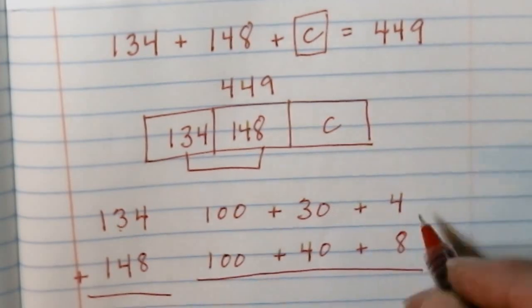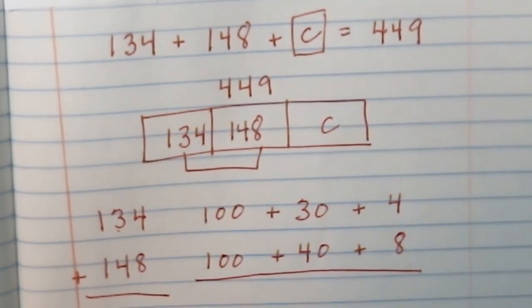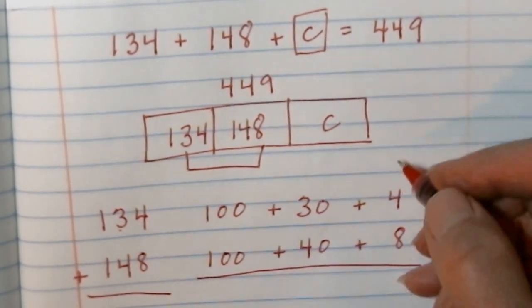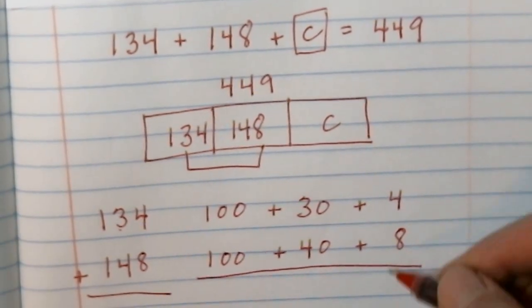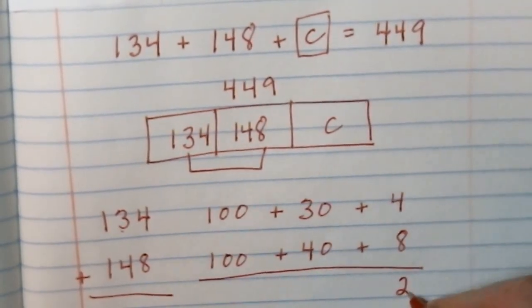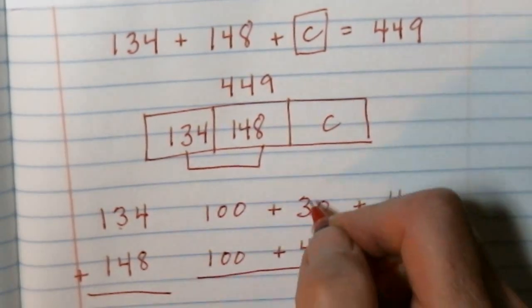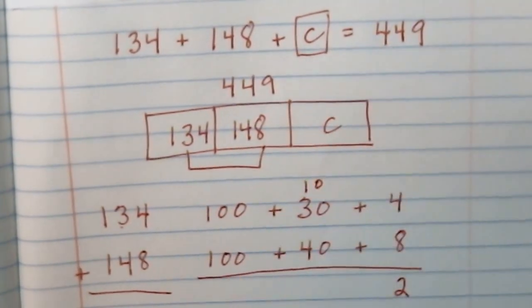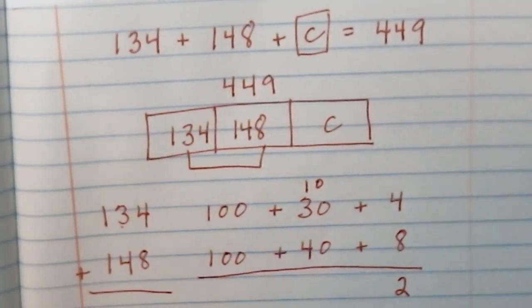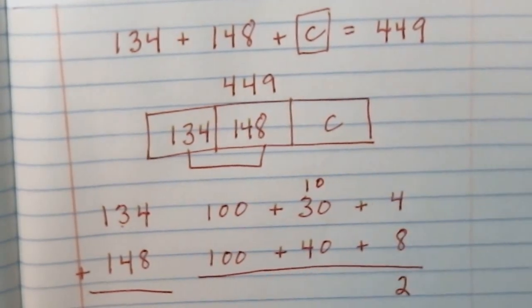So if I have 8 and I add 4 to it, I get 12. Now remember, this is the ones place. We can't have 12. We can only have what would be in the ones place, which would be the 2. And then that 10, because 12 is equal to 10 and 2, goes in the tens column.